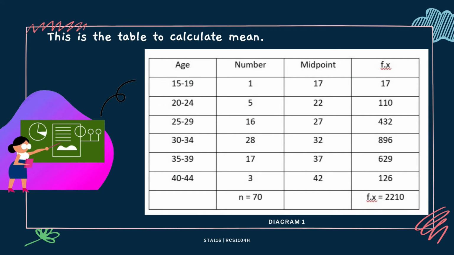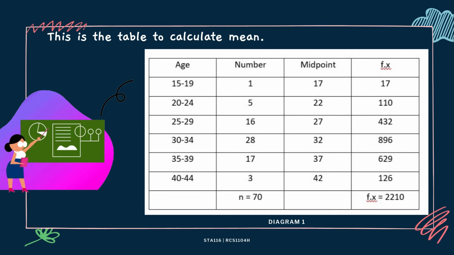How to find the mean for the grouped data? First step, we have to find out the midpoint column and also the fx column. To find the midpoint, we take the upper class plus the lower class, divided by 2. And for the fx column, we multiply frequency and midpoint.